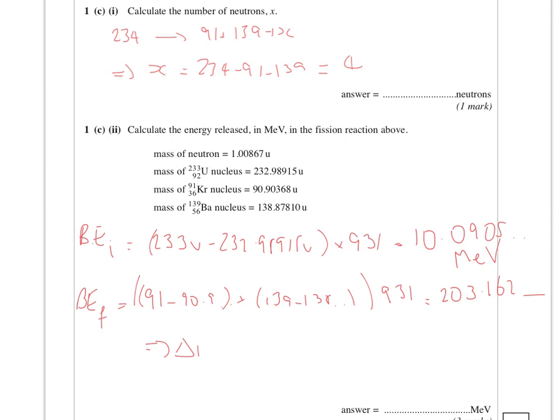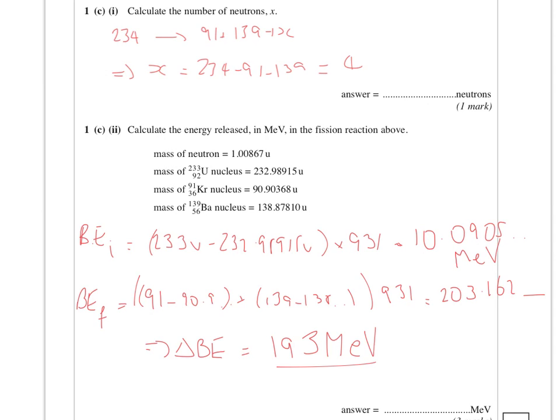Therefore, the change in binding energy, which is the energy release, is going to be that minus 10.0905, which is equal to 193 mega electron volts, because that's the change in binding energy.